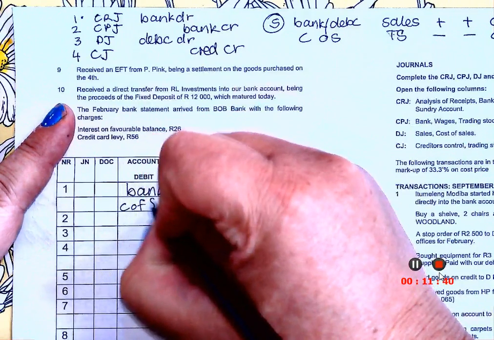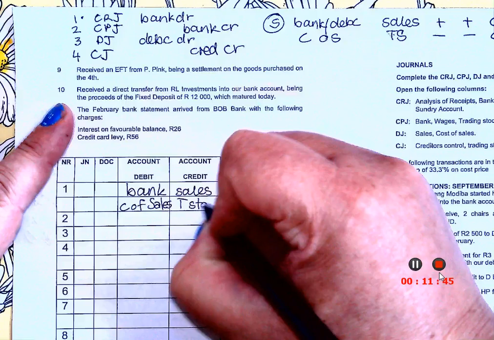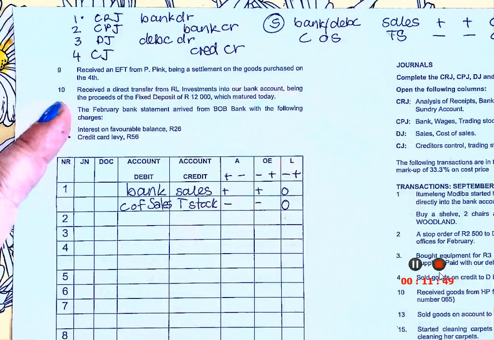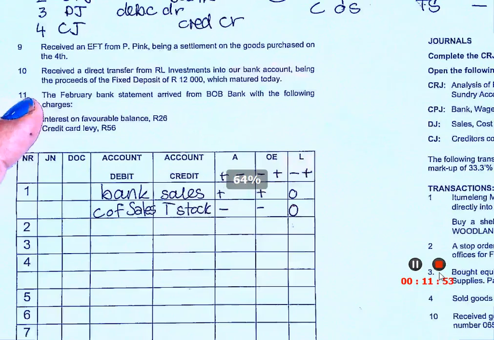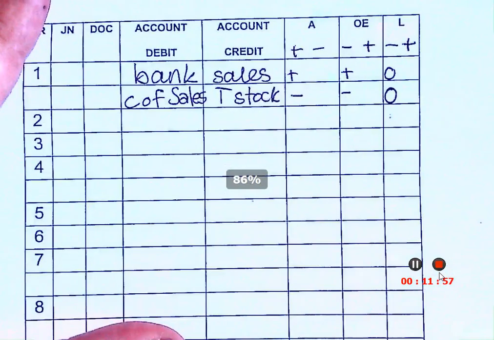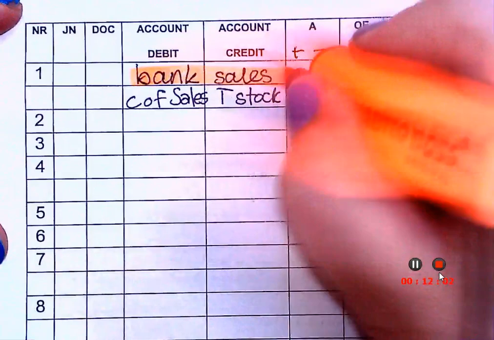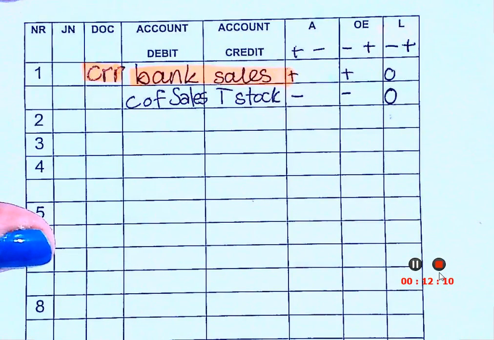Cost of sales, trading stock, you can abbreviate like this, minus 0. Now, when I see it's cash sales, I know my document is CRR.